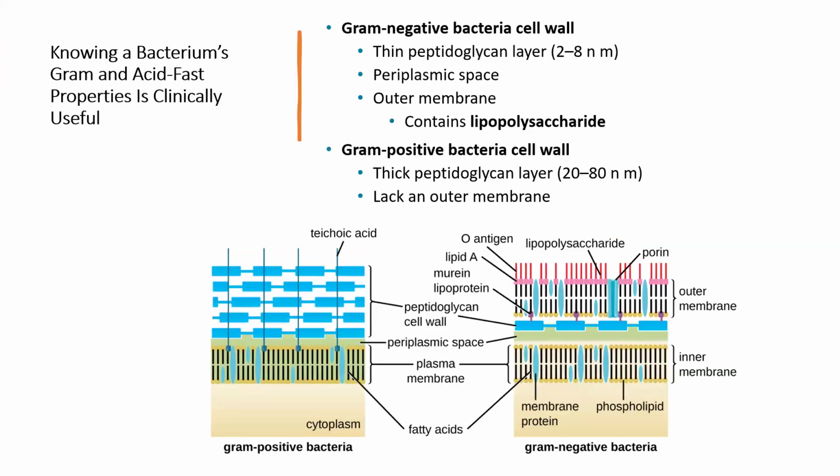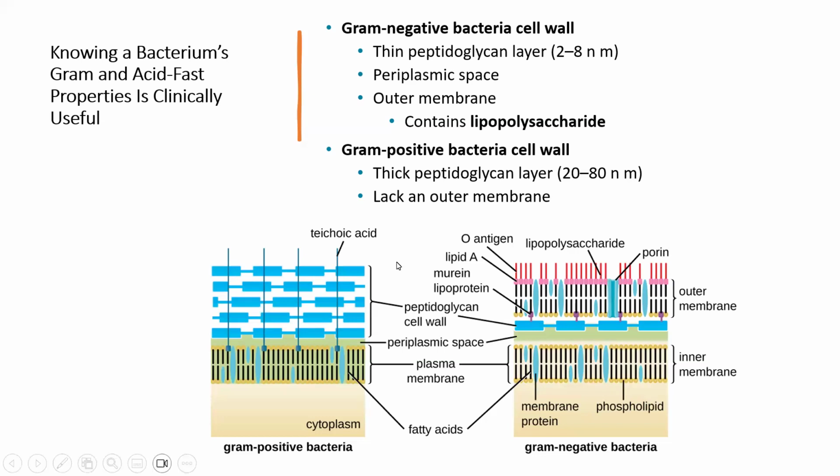Now, the gram-negative cell wall is fairly thin, and we can see that on the right-hand side. It's going to be located between an inner and outer membrane, within this periplasmic space here. And the outer membrane, as we talked about in the previous lecture, has this LPS, lipopolysaccharide.